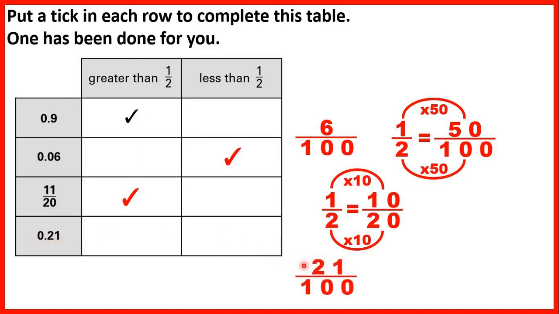So that's 21 hundredths, because the second digit tells us how many hundredths we have. So if we have 2 digits after the decimal point, our denominator will be 100. But 1/2 is the same as 50 hundredths. So 0.21 or 21 hundredths is less than 1/2.